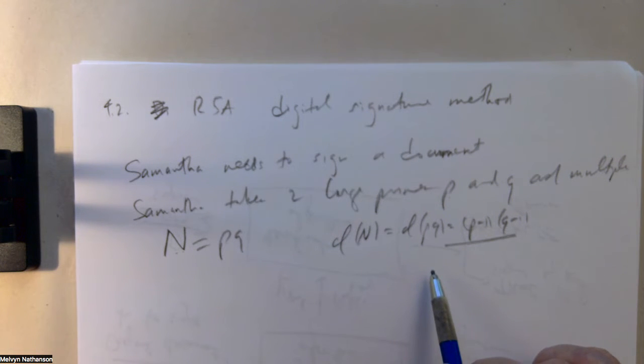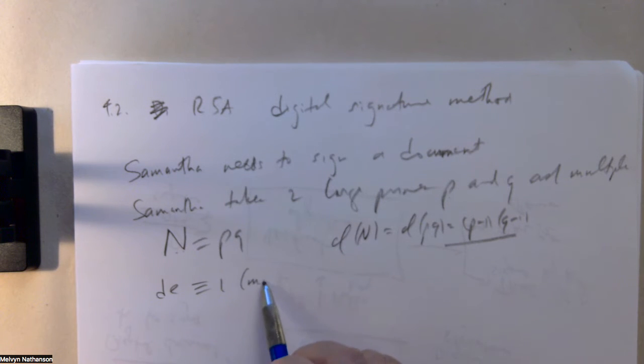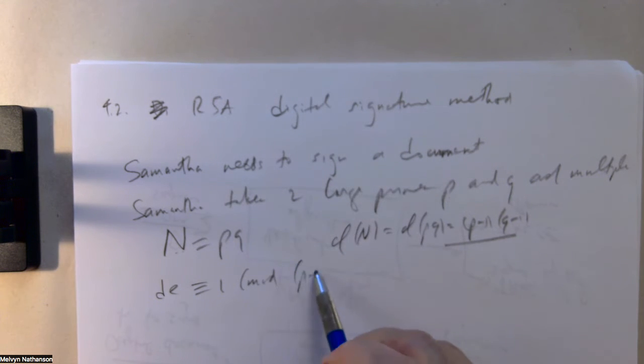And we're going to choose integers D and E such that D times E is congruent to 1 mod (P minus 1)(Q minus 1).